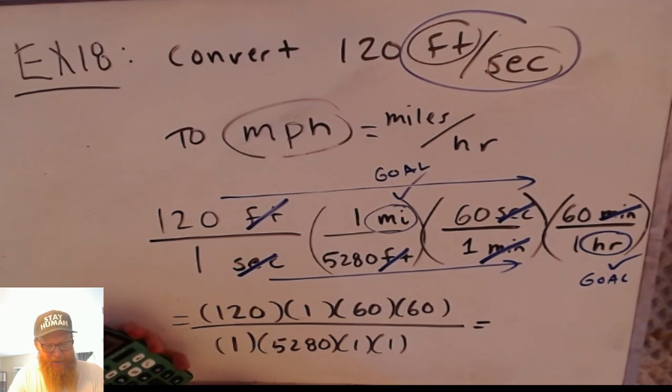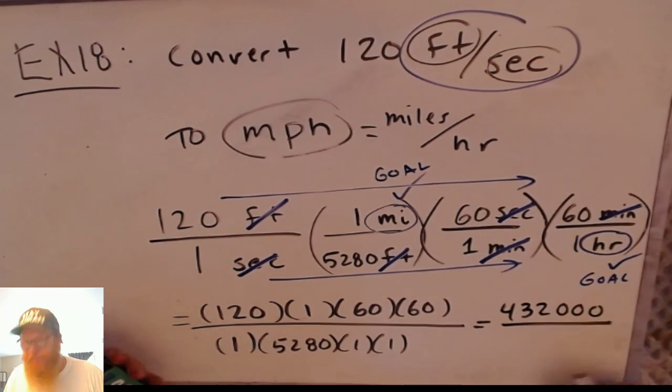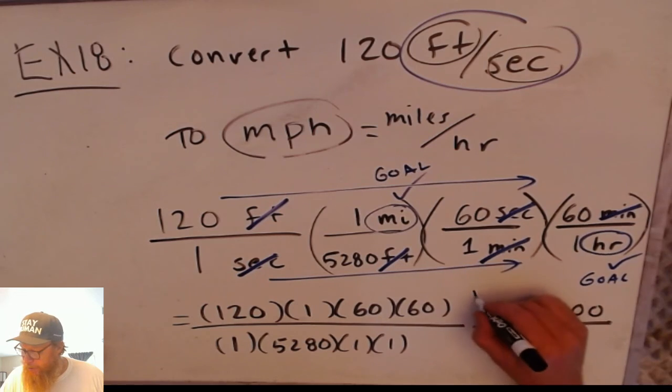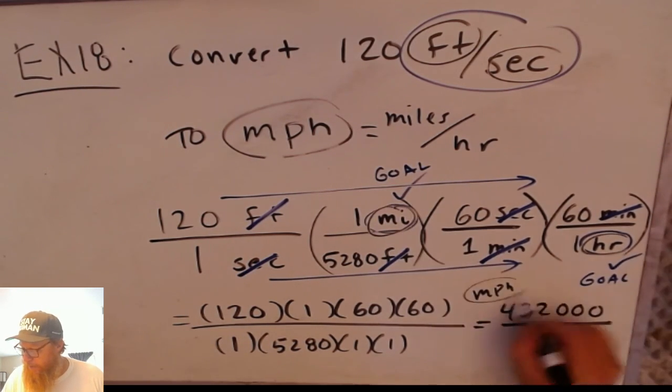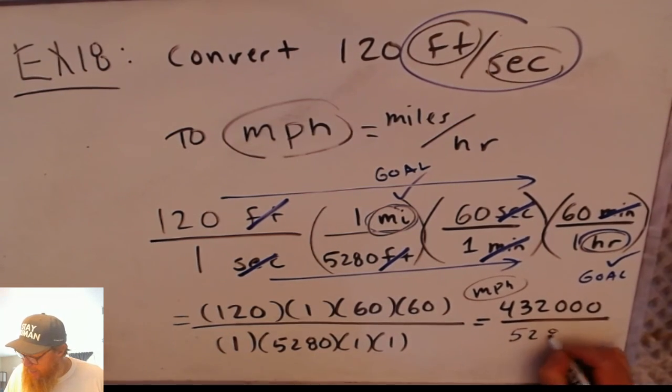So what do we got? 120 times 60 times 60. 432,000. And again, this is a MPH, right? Miles per hour. And then the bottom is just 5,280.